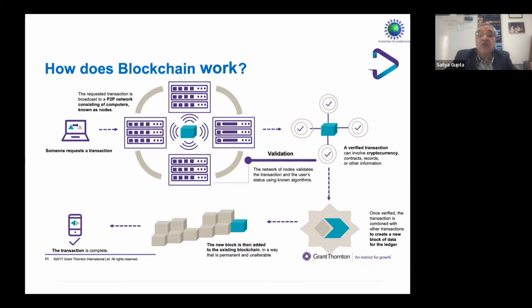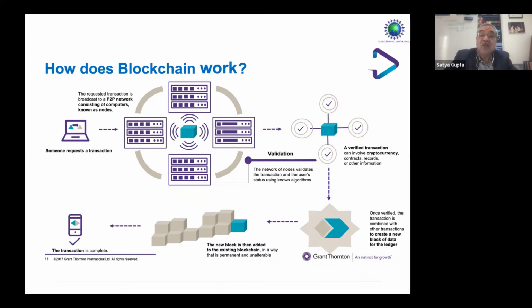So a network of nodes validates the transaction and the user status using a known algorithm, as I mentioned. Once verified, the transaction is combined with other transactions to create a new block of data for the ledger. That is how the chain starts happening. First, someone puts in a transaction, others validate it, then they create the block. Even the validation happens by an add-on transaction, because a transaction is append-only.